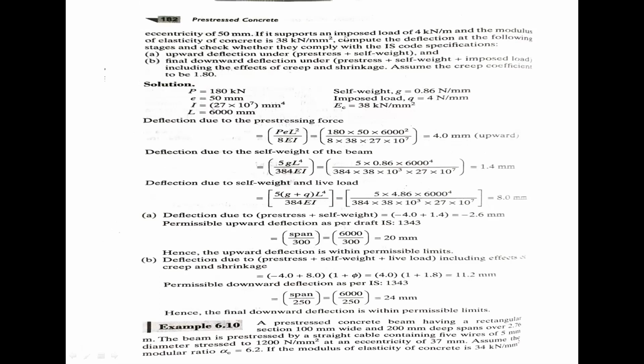It supports an imposed load of 4 kN per meter and the modulus of elasticity of concrete is 38 kN per mm square. Compute the deflection at the following stages and check whether they comply with the Indian Standard code specifications. The condition for upward deflection under prestress plus self weight, you have to calculate. Final downward deflection under prestress plus self weight plus imposed load, including the effects of creep and shrinkage. Assume the creep coefficient to be 1.80.